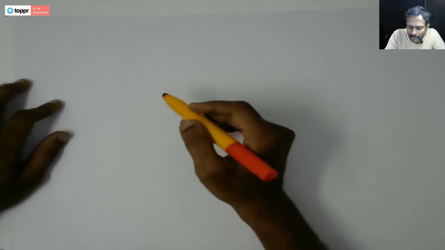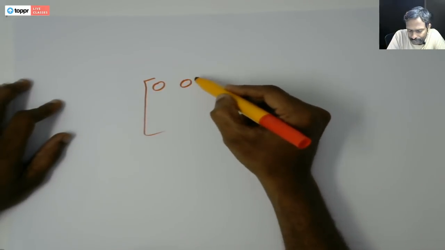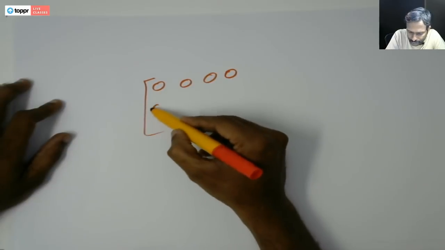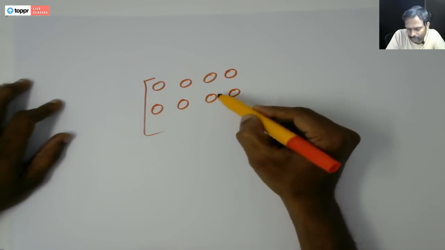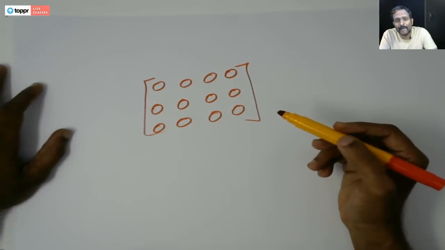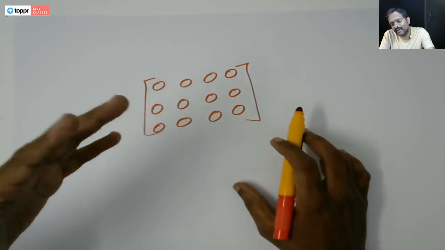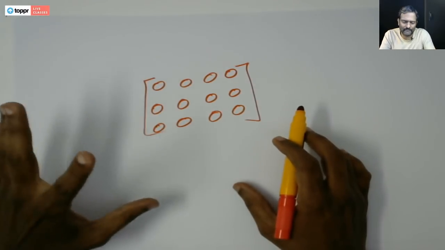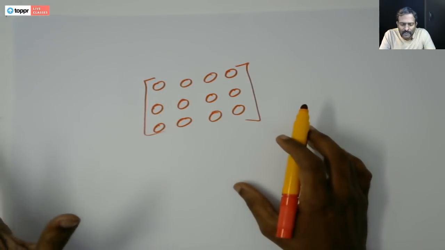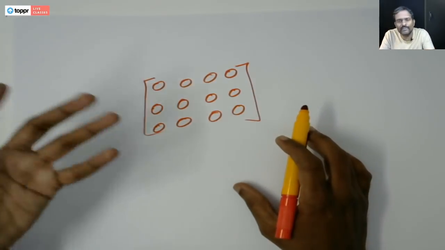Now let us observe this matrix and tell me what you see here. So many zeros, right? So what do you observe from this matrix? See, all the elements are 0 here. Every element is 0, right? So what is this matrix like? Does it have any value? It has a value which is equal to 0 actually.